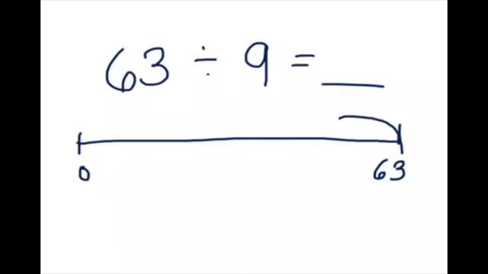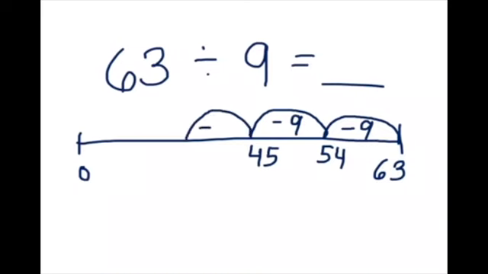So 63 minus 9. That's like saying 63 minus 10, right? Which would be 53. But 63 minus 9 would be 54. 54 minus 9. I'm going to get 45. 45 minus 9.